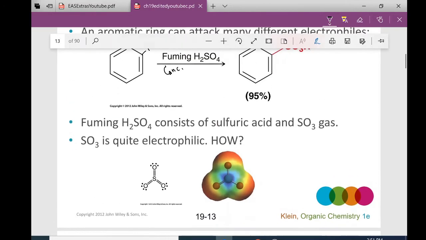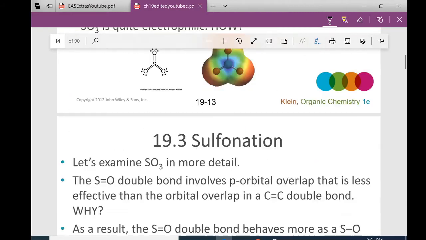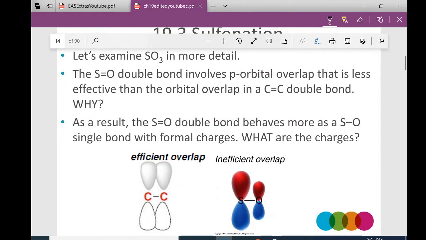So fuming sulfuric acid consists of sulfuric acid plus this SO3 gas, which acts as an electrophile. Now this is electrophilic in a different way. Sulfur doesn't have good overlap with the oxygens in this case because the orbitals don't overlap as well.